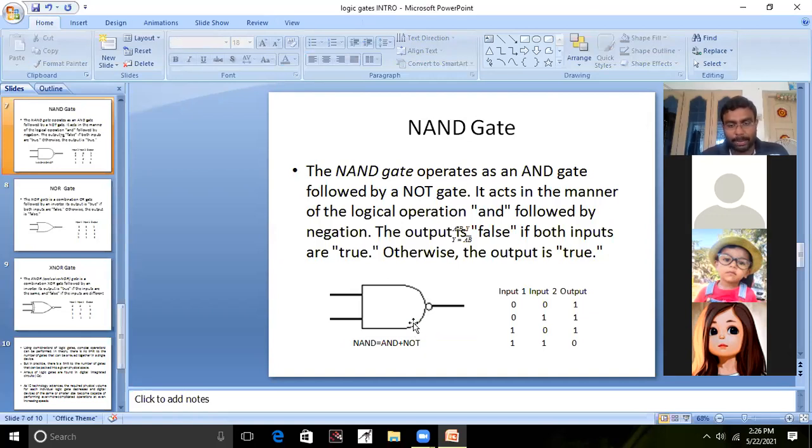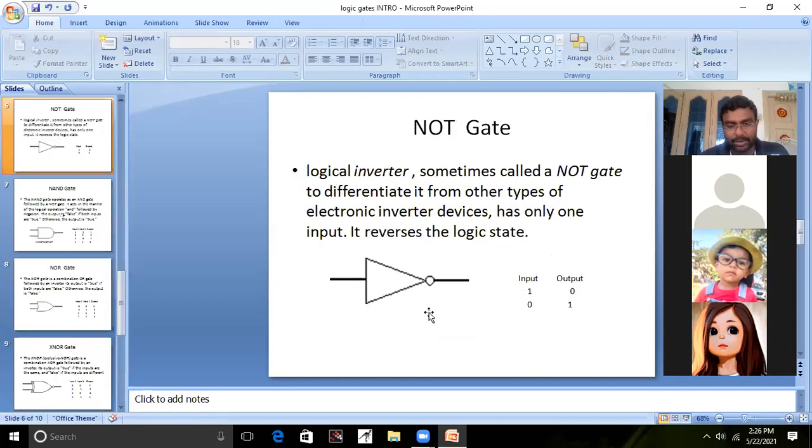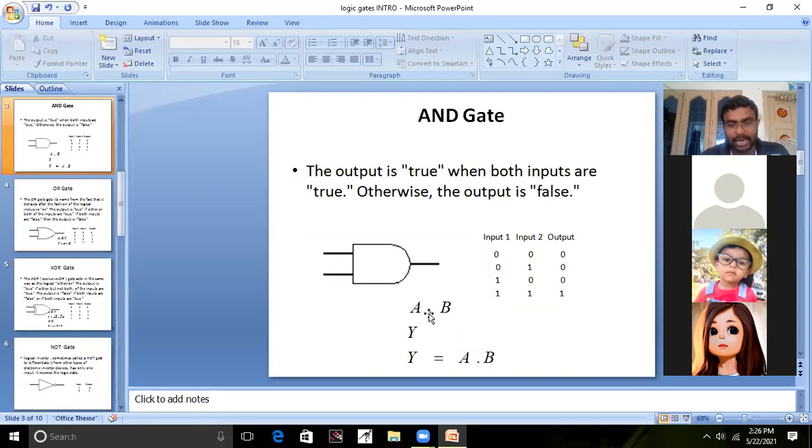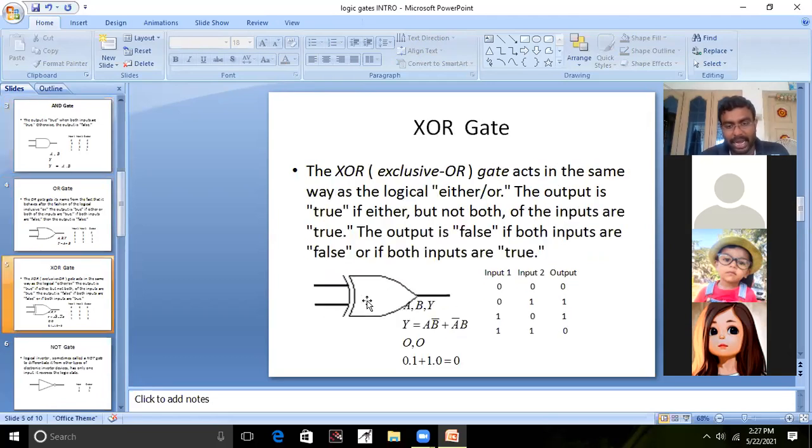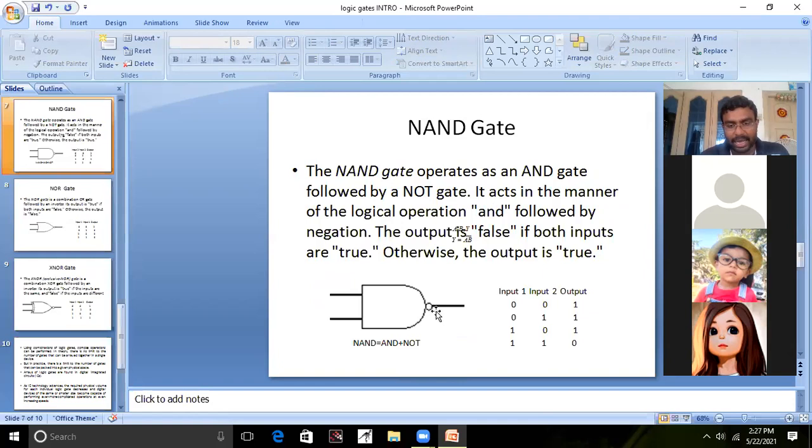Remember that. See here, this is an AND gate. If I add a small bubble here at the output terminal, this AND gate automatically changes to a NAND gate. And that's why I wrote NAND is equal to AND plus NOT.